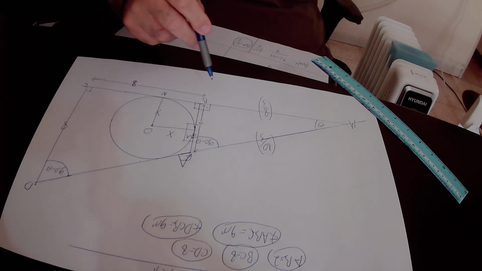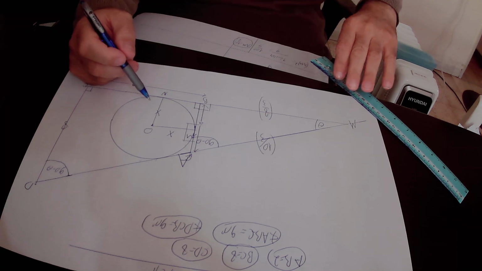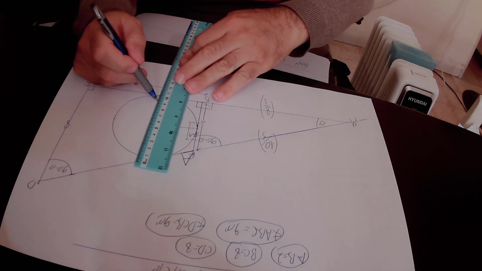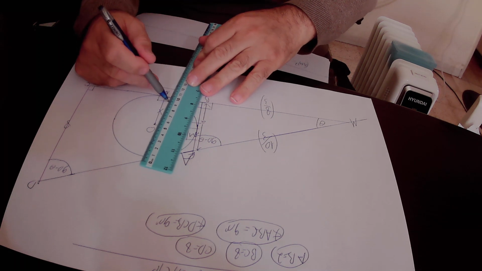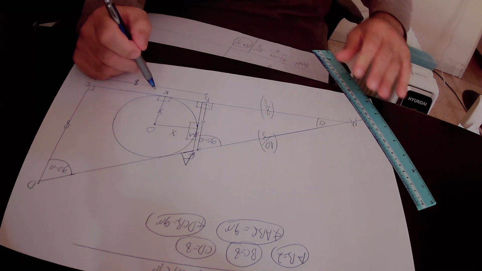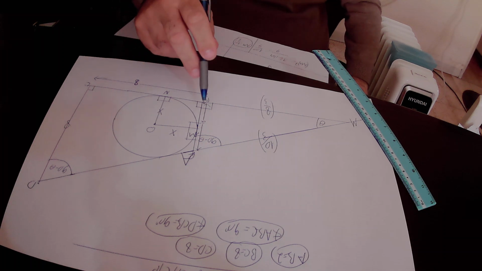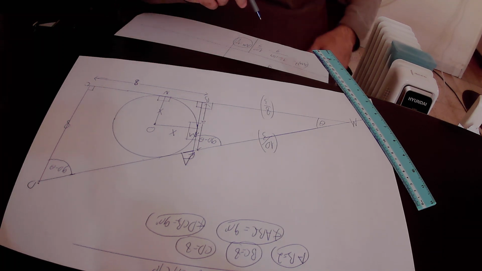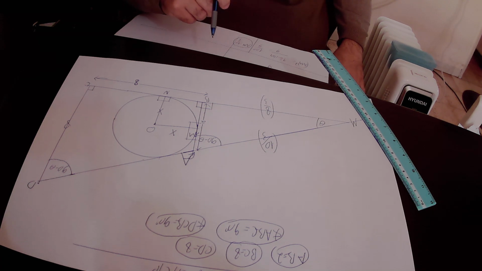the radius NO. If BC is perpendicular to NO, it means that this angle equals 90 degrees, and this angle equals 90 degrees according to rule number 1. So, in quadrangle OMBN, we have 1, 2, 3 right angles. The sum of 3 right angles is 90 times 3, which is 270 degrees.